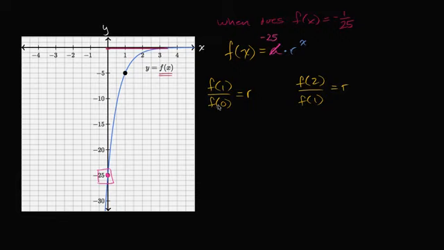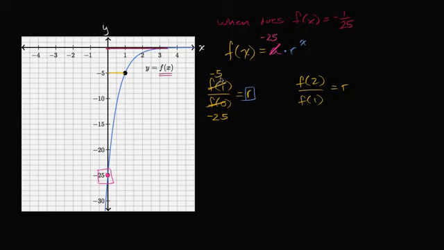Well, lucky for us, we know f of 0 is negative 25. And we know that when x is equal to 1, f of 1 is equal to negative 5. And so just like that, we're able to figure out that our common ratio r is negative 5 over negative 25, which is the same thing as 1/5.